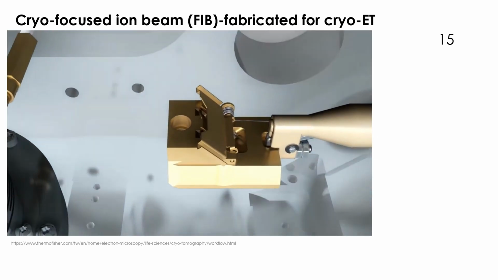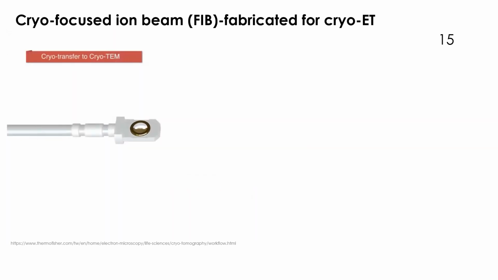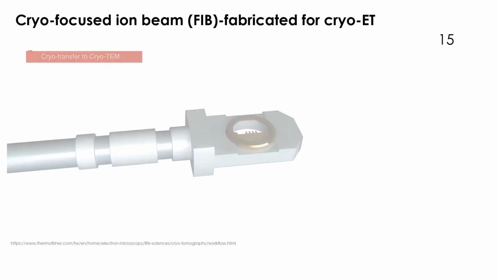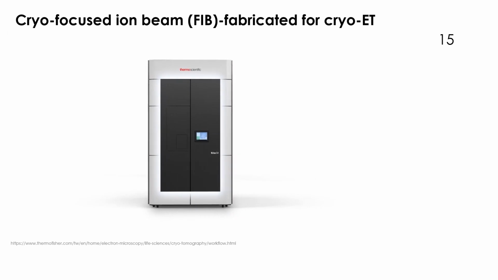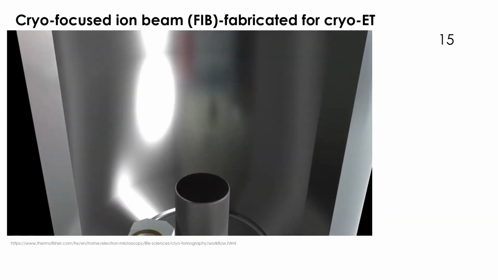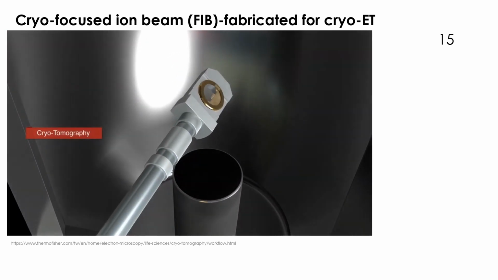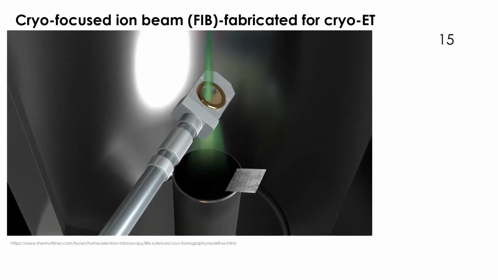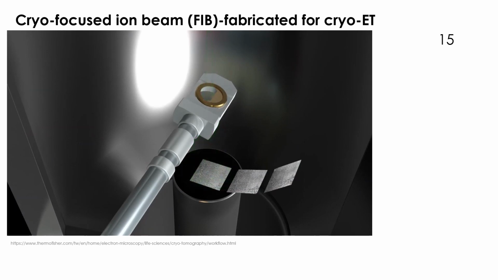The sample is now transferred to the Cryos TEM system. The Cryos is the leading cryo-EM platform and a 300 kilovolt transmission electron microscope. It allows loading of multiple grids using an automated sample loading system. During cryo-electron tomography, an image series is acquired as the fib-prepared lamella is tilted incrementally.